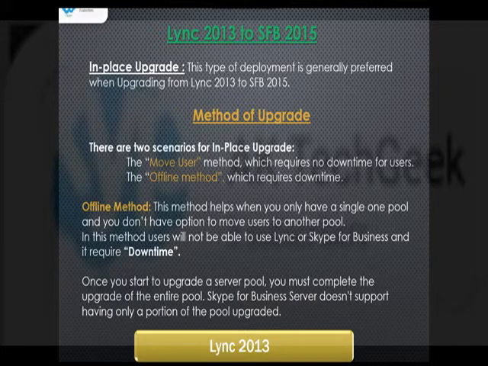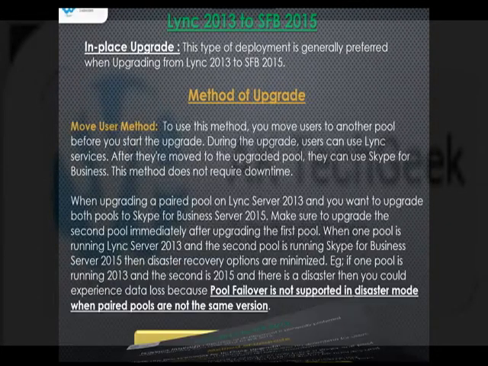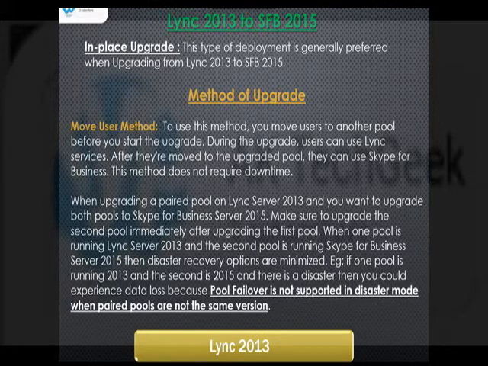If one pool is on 2013 and the other is on 2015, pool pairing is not supported between different versions of Skype or Lync. So you need to make sure that as soon as you're done, you do the upgrade for the other pool as well.